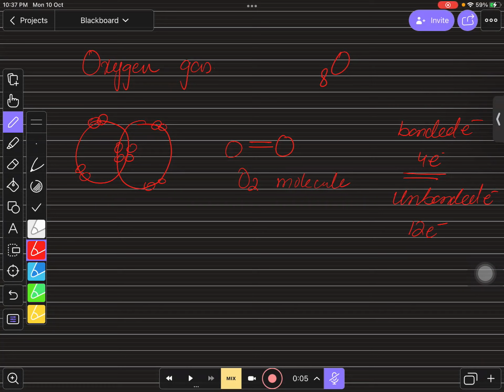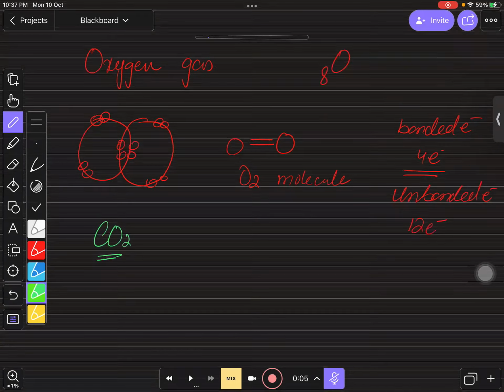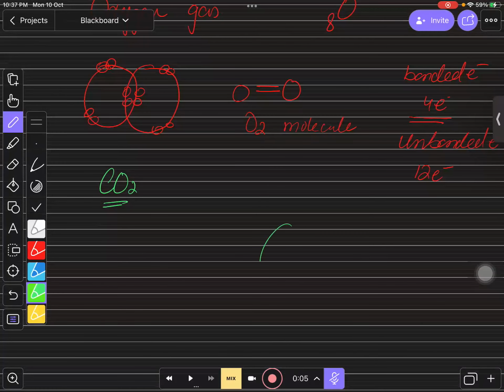Then if you talk about carbon dioxide, you can see that the atom with the lesser number would be in the center. So carbon would be in the center and 2 oxygens over there, right? We know that carbon has 4 electrons in the outermost shell, and it requires 4 more electrons. So carbon needs to share all its electrons, and we have only 2 atoms over here.